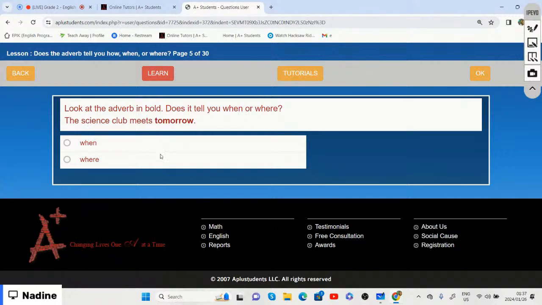So we need to say, look at the adverb in bold. Does it tell you when or does it tell you where? The science club meets tomorrow. So it's like asking yourself, when are they meeting?